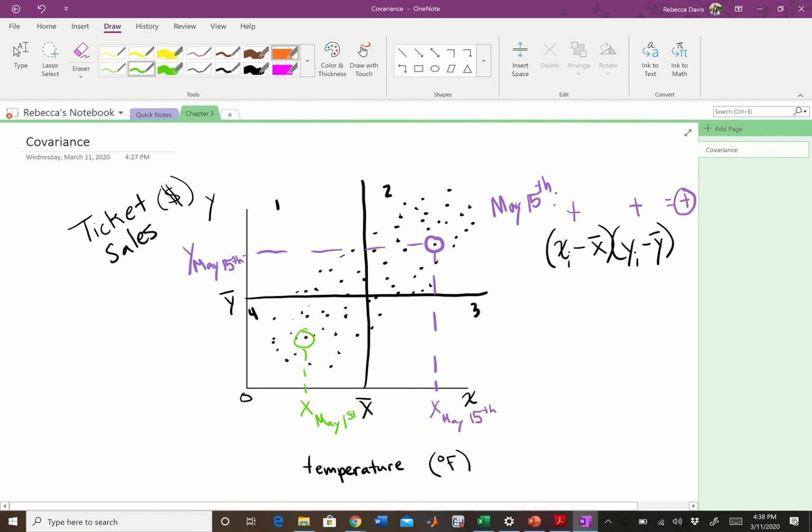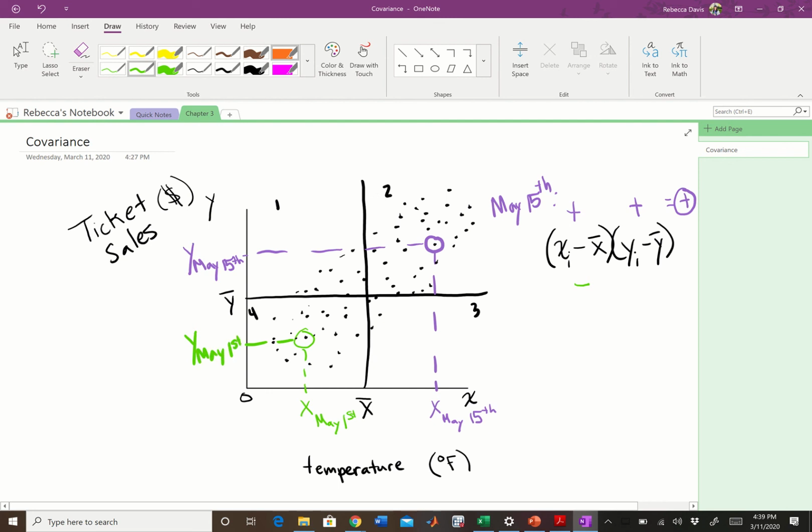For May 1st, notice that the temperature was lower than the average in our data, which means that this first set of parentheses, this value, would be negative. If we dash over to the y-axis, this will be y for May 1st.